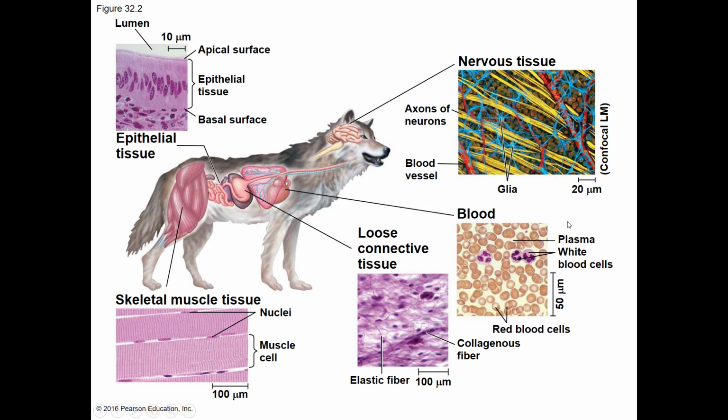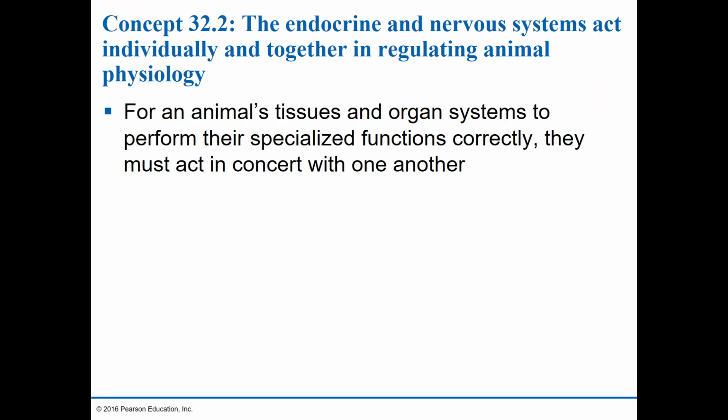There's connective tissue, which is really blood, and loose connective tissue, which has to do with the digestive tract and connecting all that and holding it all together into some sort of a matrix. The nervous system would be made up of nerves, the nerve cord, the brain, all different things that are going to make the whole nervous system work as it should. So I'd read through the book and familiarize yourself with that.